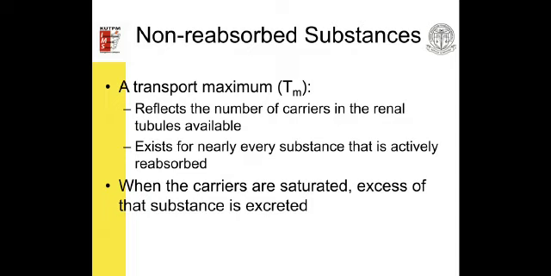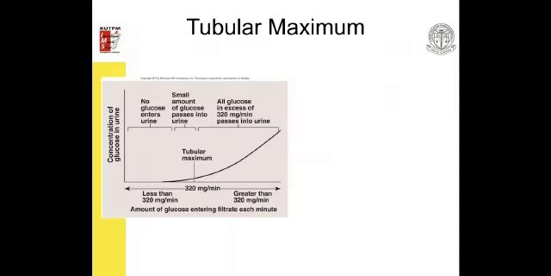The tubular maximum reflects the number of carriers available in the renal tubules. It exists for nearly every substance that is actively reabsorbed. When the carriers are saturated, the excess of that substance is excreted. So this is how glucose starts appearing in the urine.